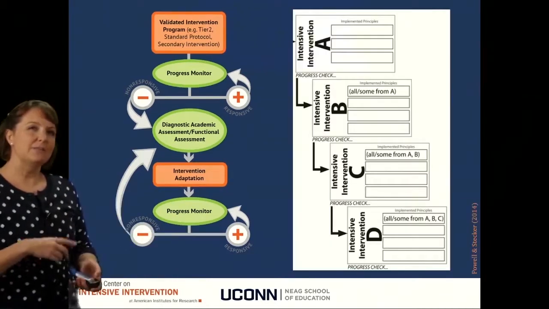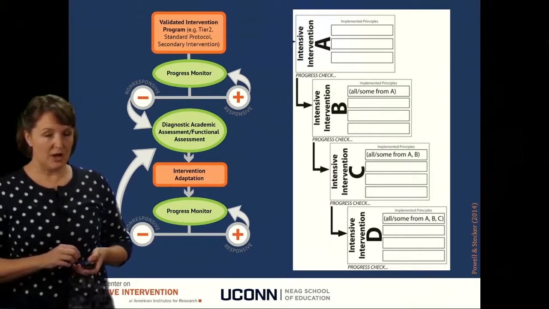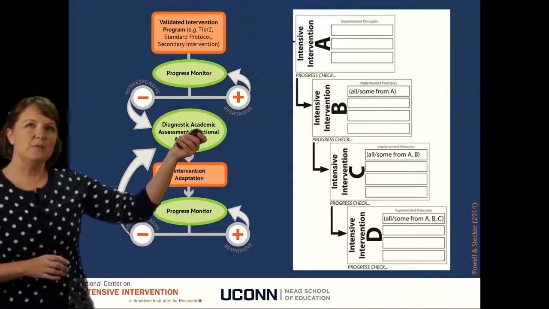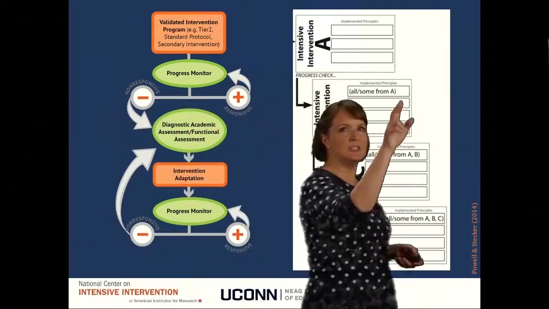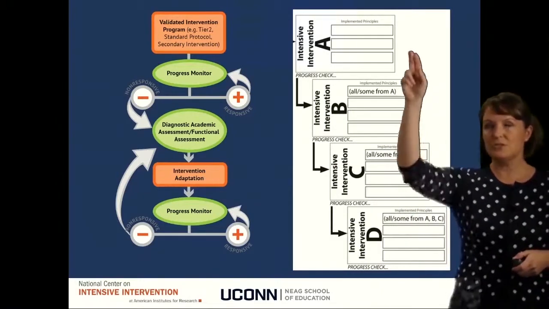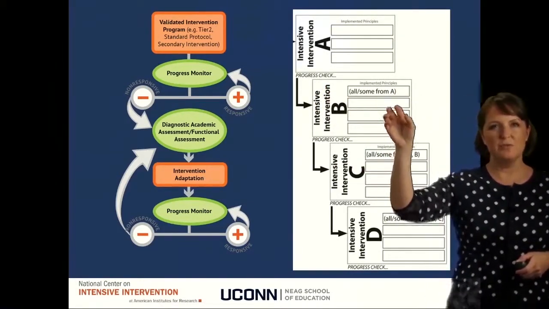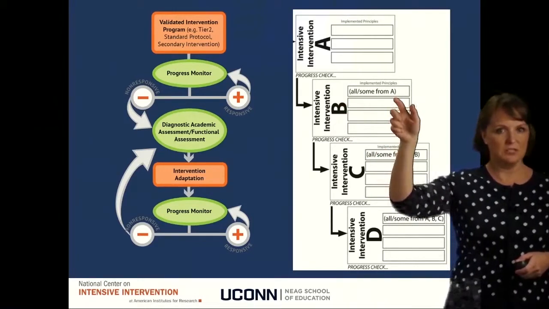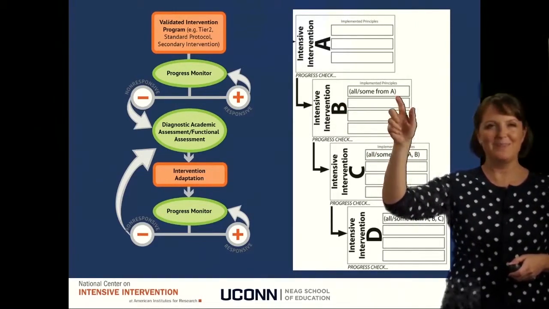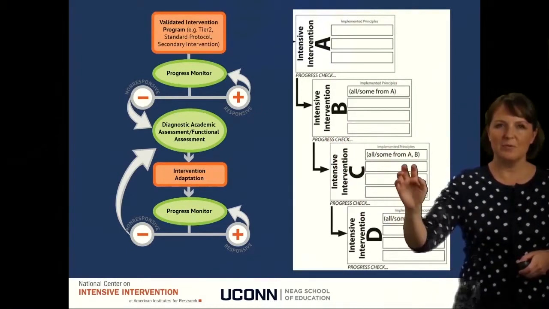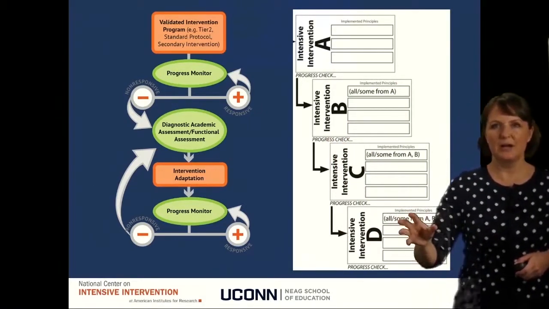Another way to look at this is based on one of the articles that you've read during this course. And this is where we put these adaptations into a chart. So here I try a few adaptations, see if they're working, try a few more adaptations, carrying over some from the first iteration of adaptations, check the progress, bring in more adaptations, bring in more adaptations.